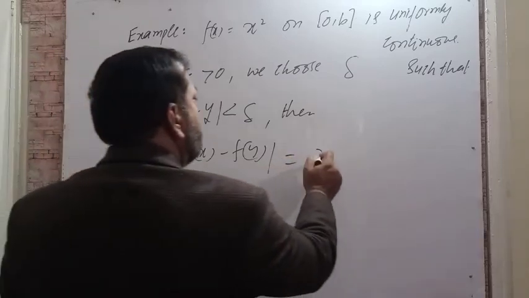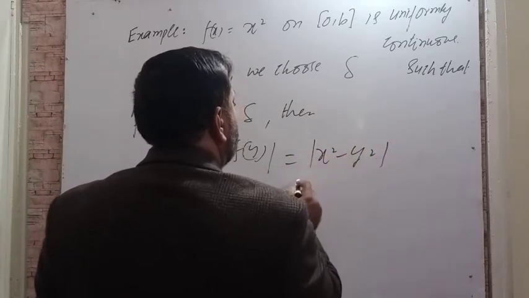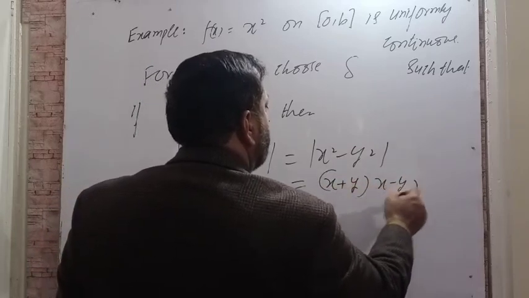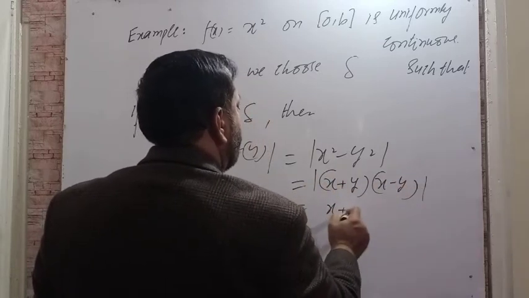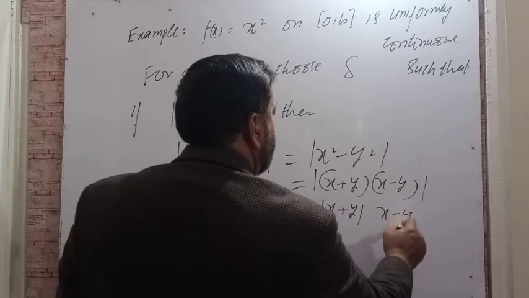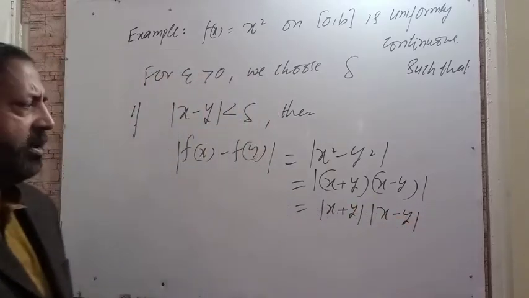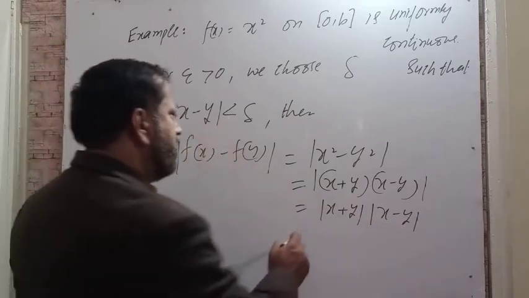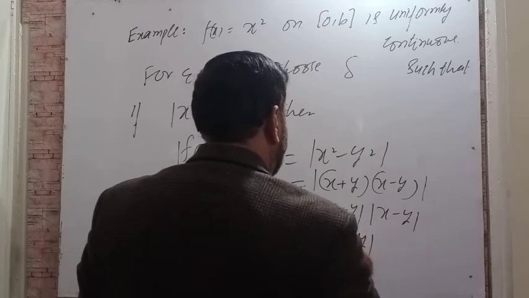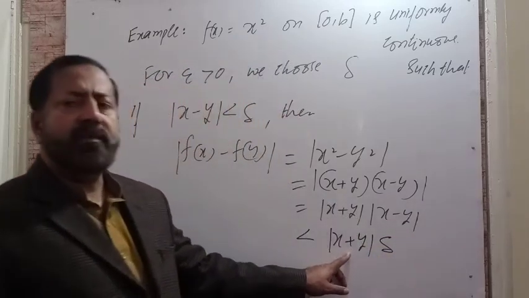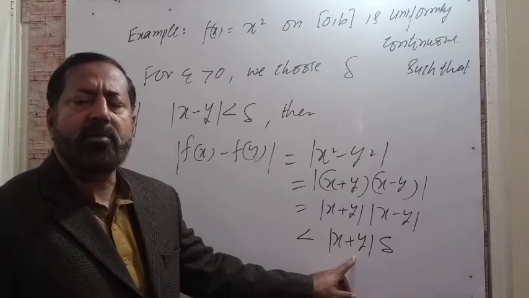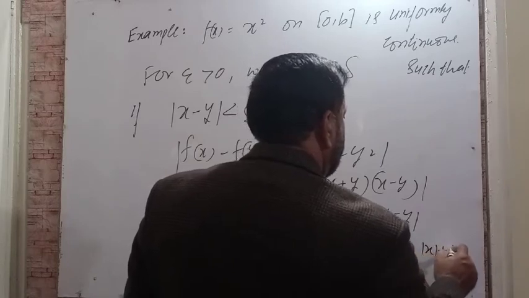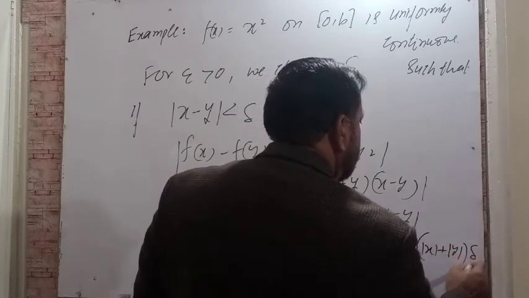This is equal to |x² − y²|, and you have seen that this is equal to |(x + y)(x − y)|, which is equal to |x + y||x − y|, right? And since |x − y| is less than delta, this is in fact less than |x + y| times delta. Further, you know that |x + y| is less or equal to |x| + |y|, so this is less or equal to (|x| + |y|) delta.